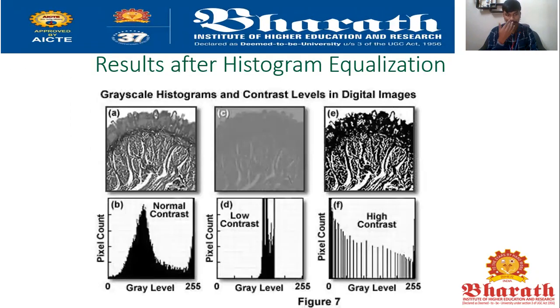And this is known as the result of a sample image before and after histogram equalization, and its gray level will be adjusted according to the contrast. It may be low or high to acquire the clear-cut image of a digital image.